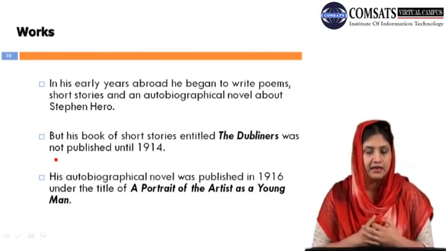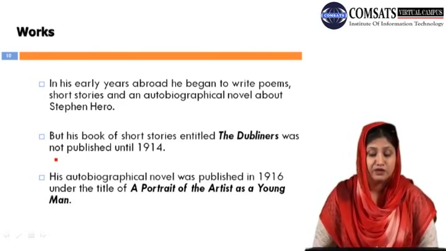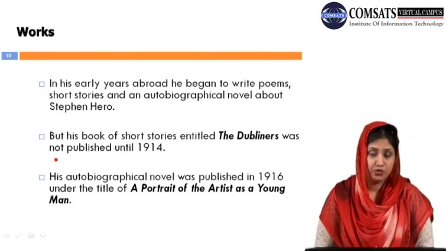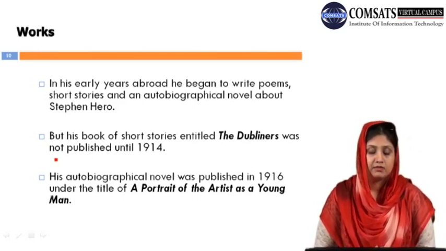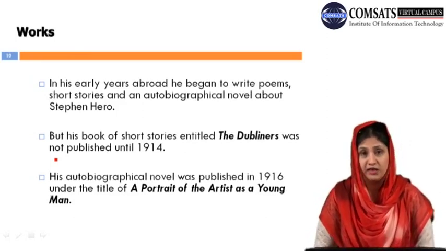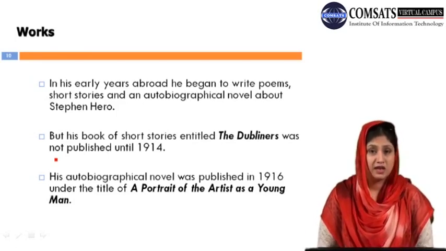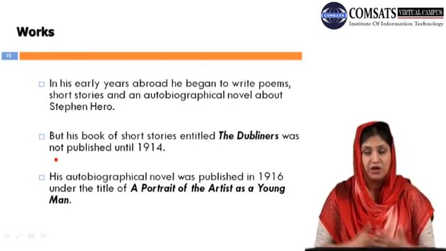And we understand that he completed his graduation in 1902, and his first complete book of short stories got published in 1914. So even after his graduation, he had taken 10 to 12 years, a decade for that matter, to publish his work.